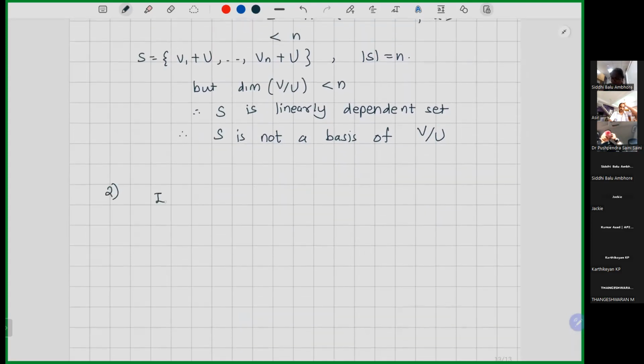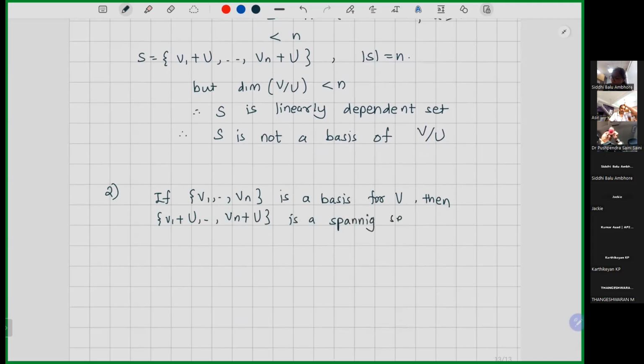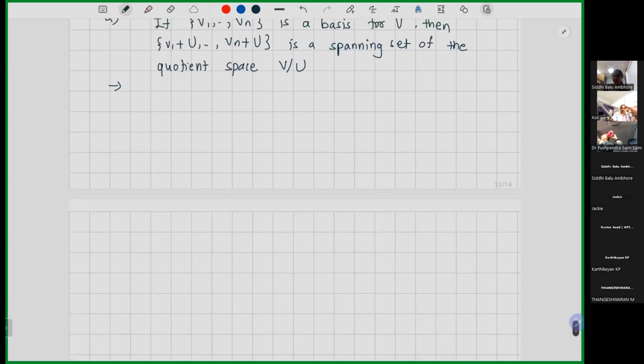Now what they are saying is that if V1 to Vn is a basis for V, then V1 plus U, up to Vn plus U, is a spanning set of the quotient space V mod U. Okay, so what is your guess here?